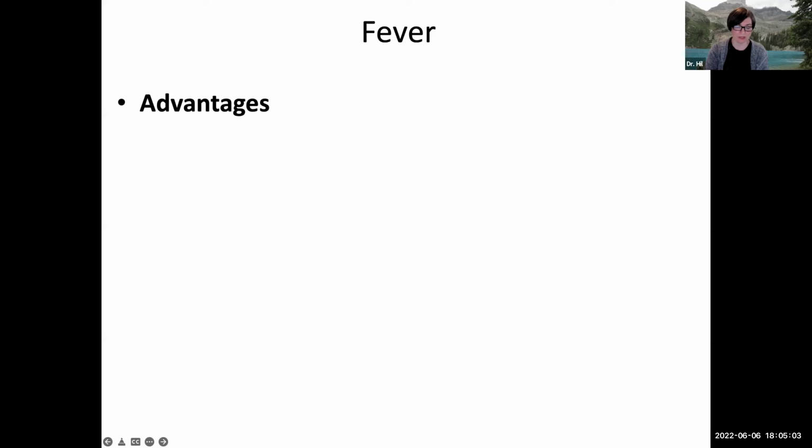Now, by increasing our body temperature, we can potentially, hopefully, put the pathogens we're trying to fight at a bit of a disadvantage. For example, that high temperature might be making it harder for them to do metabolism or for their structures to hold together. Of course, that's true for us too.